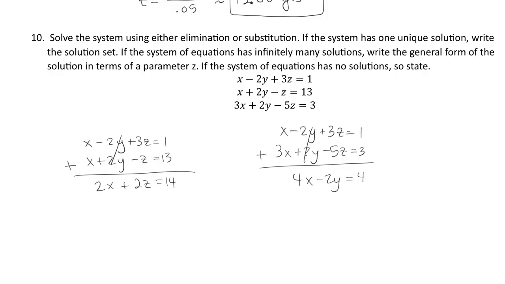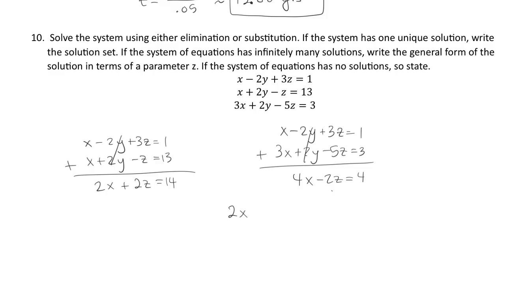So the result from step one was this equation in terms of x and z. This result from step two was this equation in terms, whoops, that should actually be z, not a y. There we go.